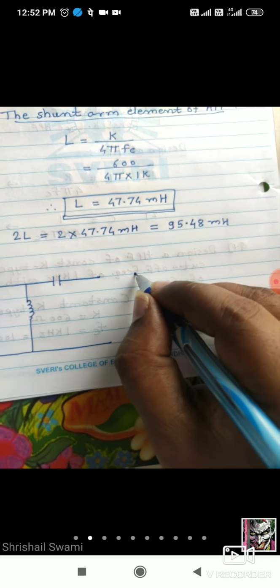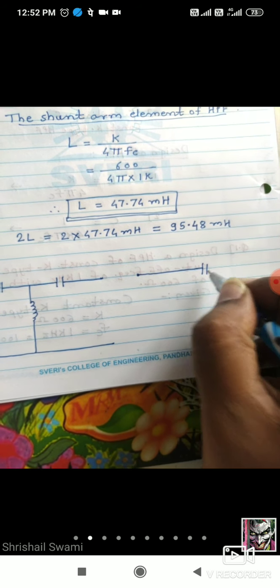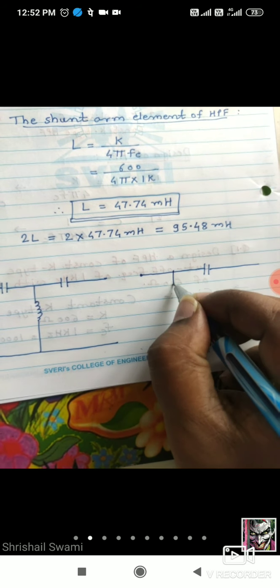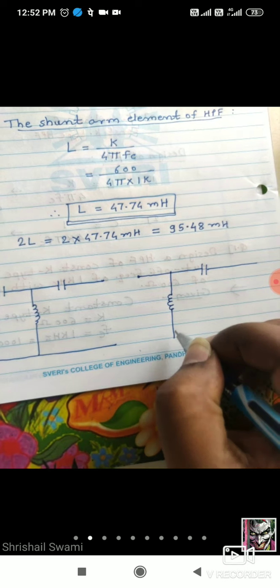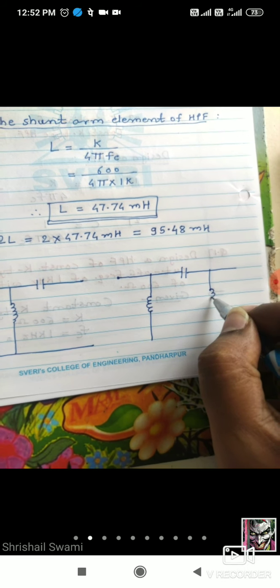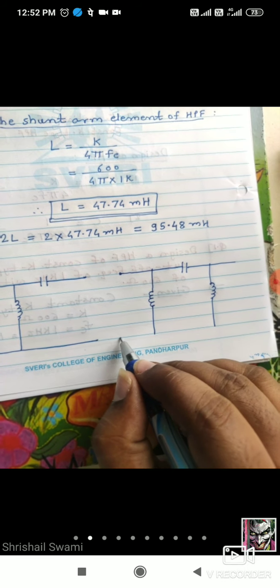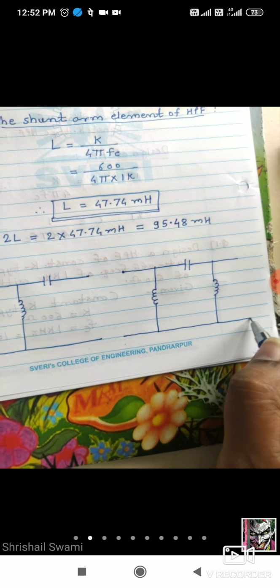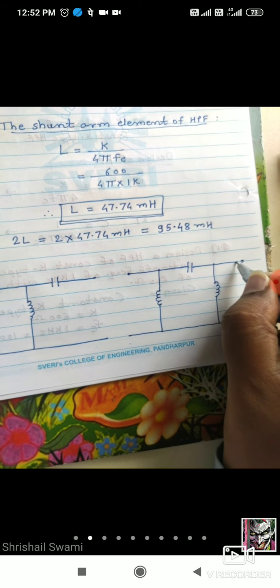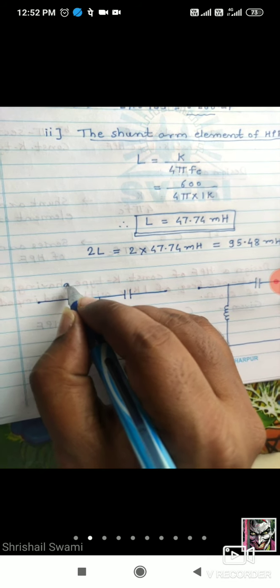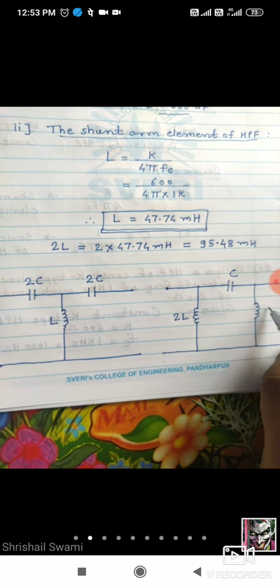So this is T section and this will be pi section. So this will be 2C, 2C, and this is L. This is C, this is 2L, this is 2L.